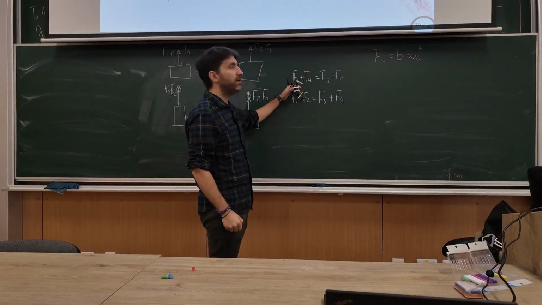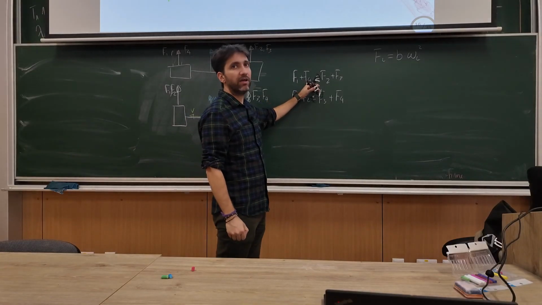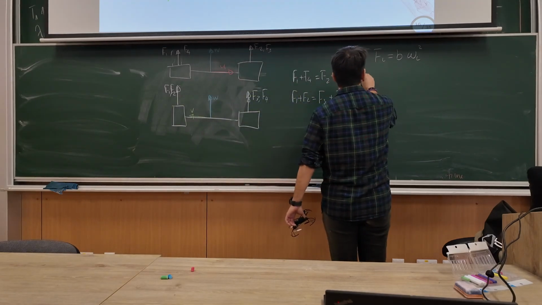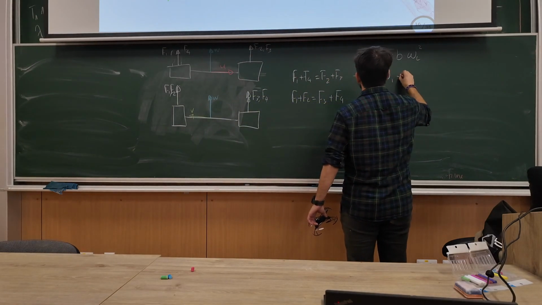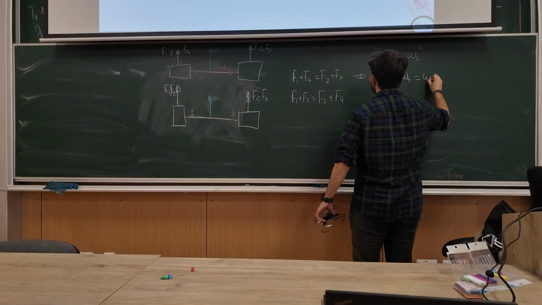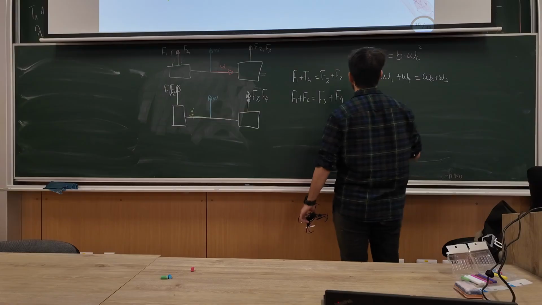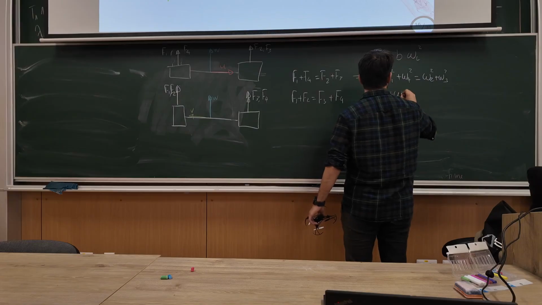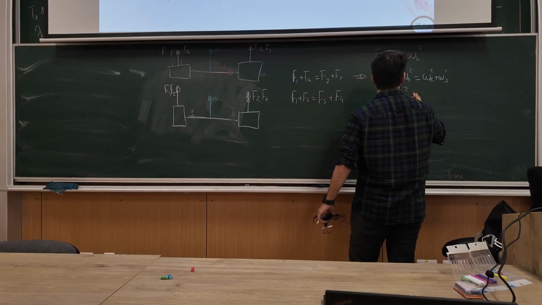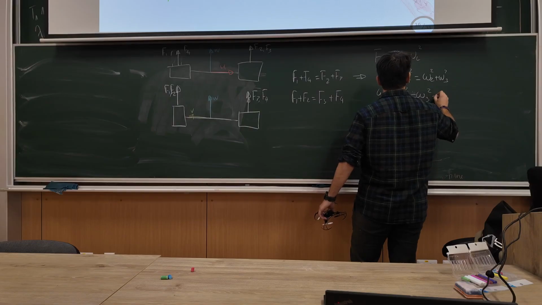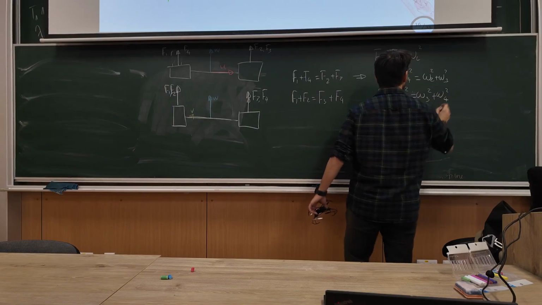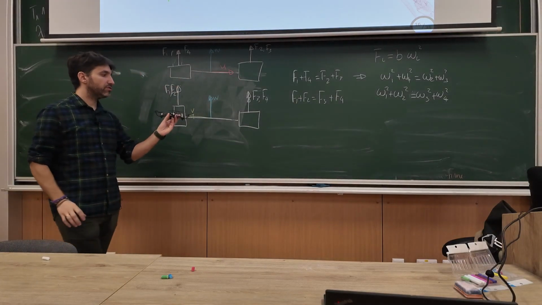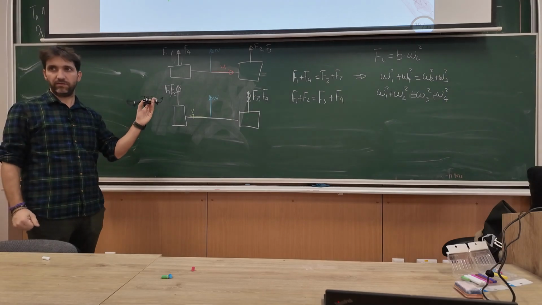So in the end I can write B omega 1 plus B omega 4, and so on, but B will get out of the equations, and in the end I will have omega 1 plus omega 4 equals omega 2 plus omega 3, so the velocities, the squares, okay, omega 1 plus omega 2 squared equals omega 3 plus omega 4. All right, so that's the condition in order to not tilt, basically.